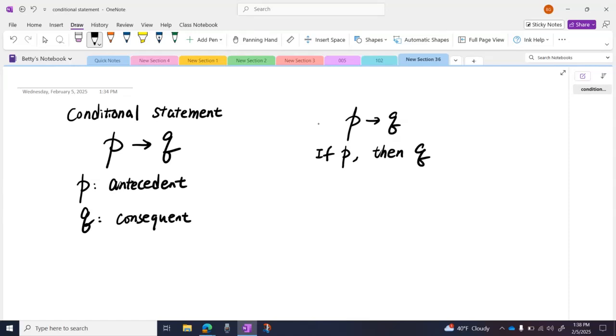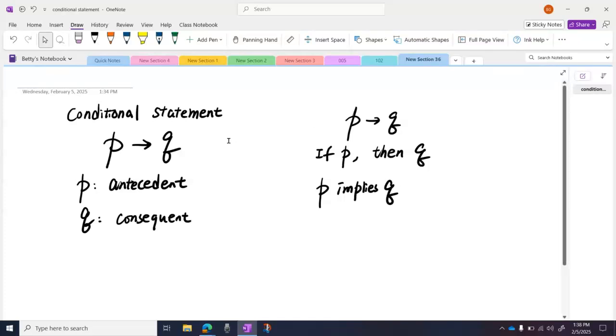express the conditional statement P arrowhead Q as "P implies Q." In fact, that's how I refer to this notation: P implies Q. If P, the condition, is true, it should directly cause Q to be true as a result. So I call this "P implies Q."